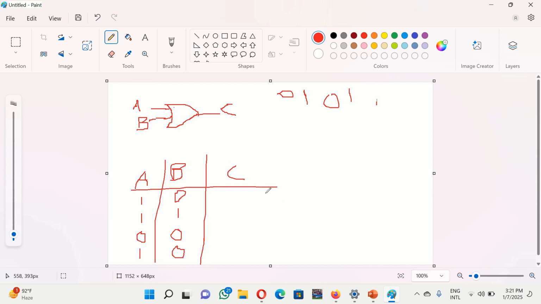So we have two ways of writing the output.